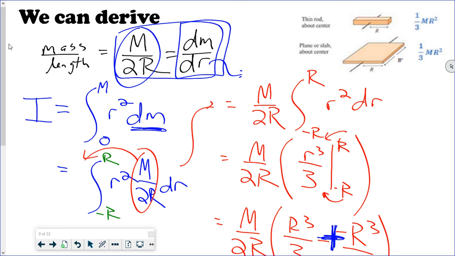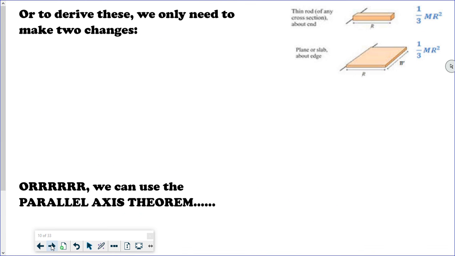Okay, cool. So now, suppose we wanted to derive this. Now we've got a rod, but this time our axis of rotation is about the end of the rod instead of through the middle of the rod, right? So now the length is simply just r. If you wanted to derive that one, you would do almost the exact same thing, and here are the only changes.